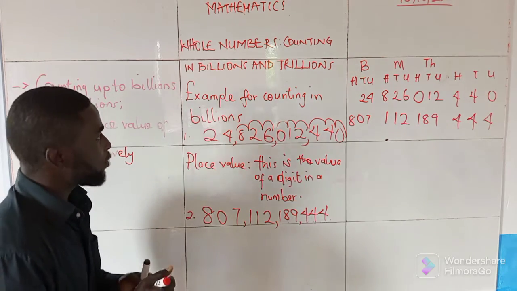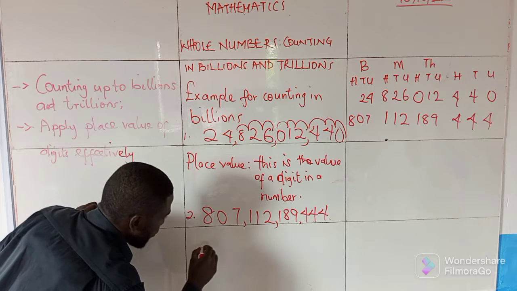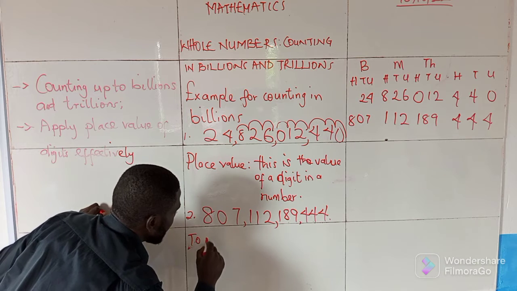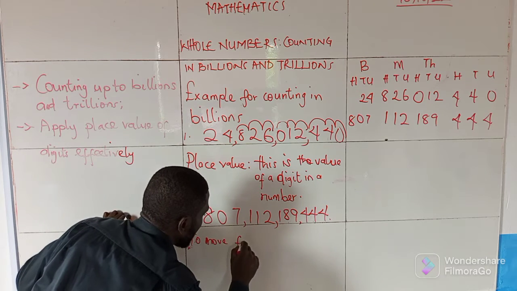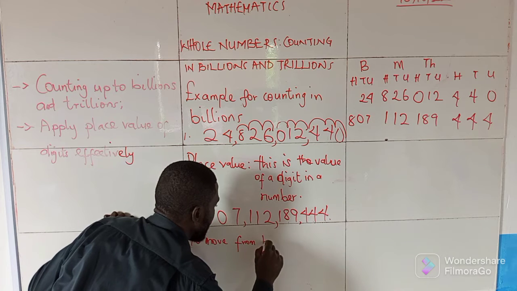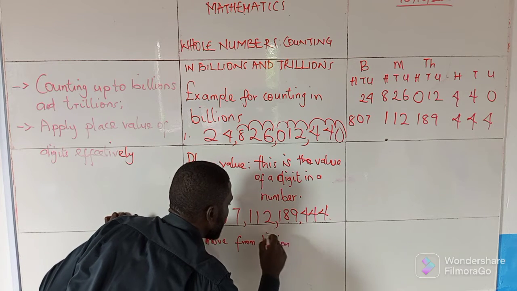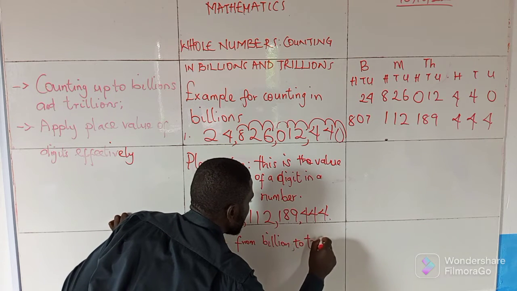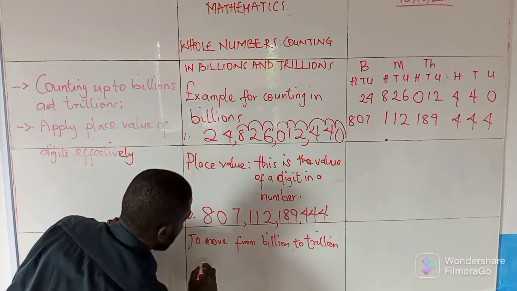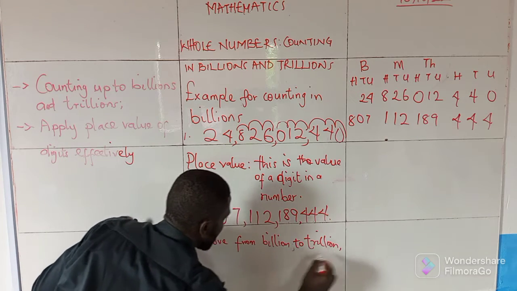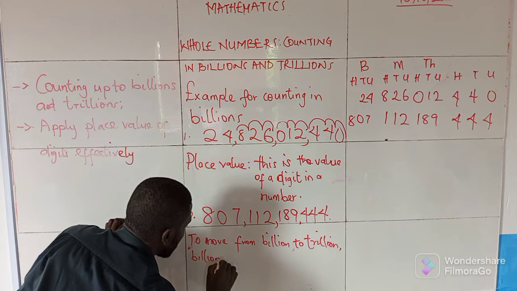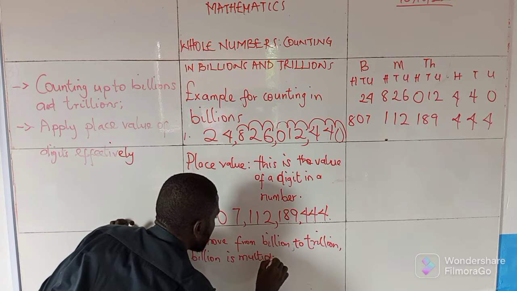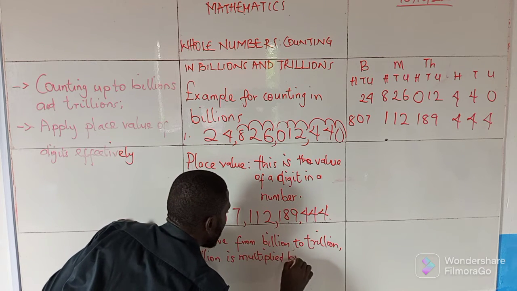And I'm telling you that to move from billion to trillion, a billion is multiplied by 1,000.